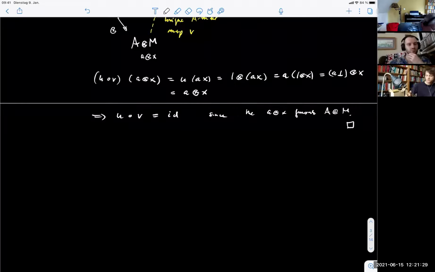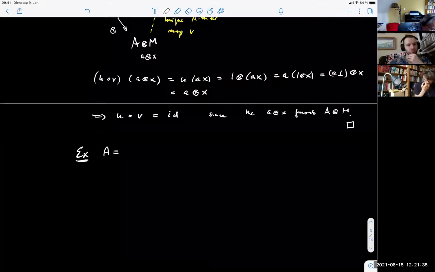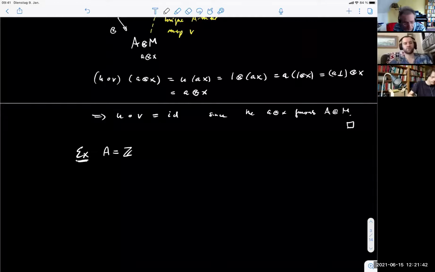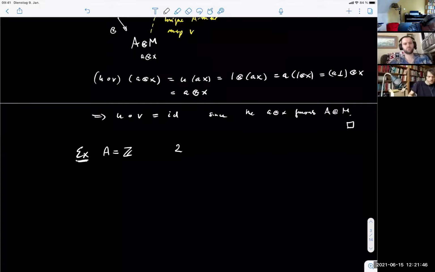There is a funny example here. My ring is now the integers, so I look at modules over the integers. This is the same as looking at abelian groups. Then I have this submodule 2Z in the integers, so the even integers form a subgroup of the integers, clearly.